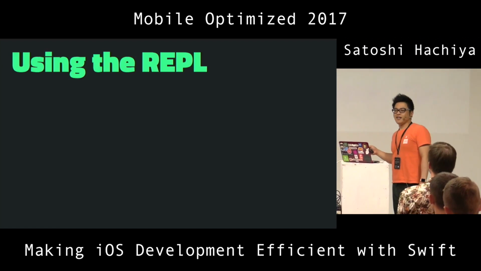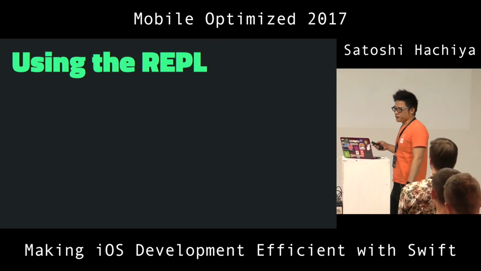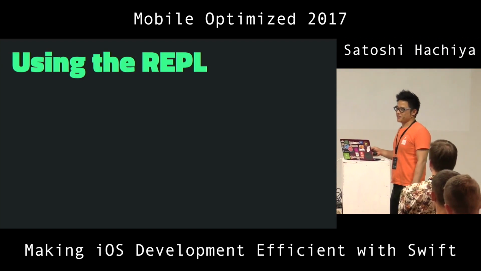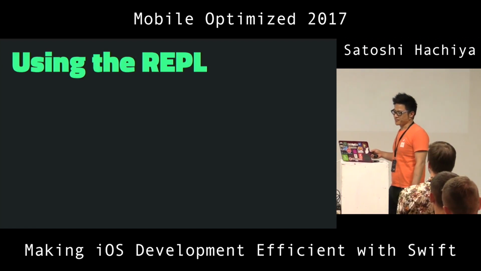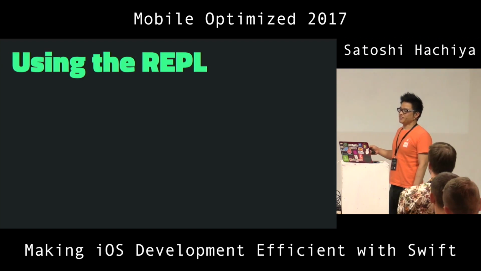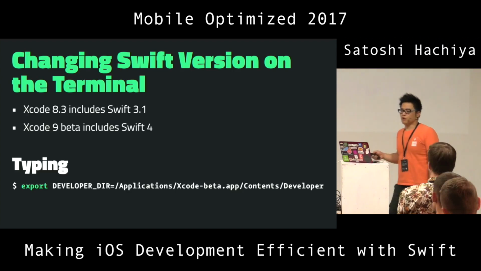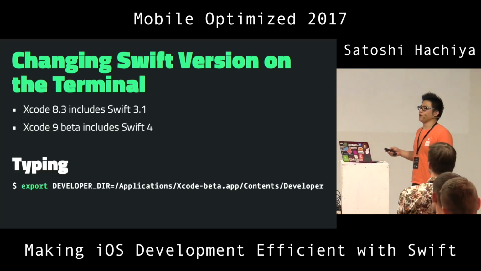First, I tried to use Swift without Xcode, but I couldn't run Swift code without Xcode. So anyway, I use the REPL with Xcode. If you are an iOS developer and you have Xcode 9 beta, you can use both Swift 4 and Swift 3.1.